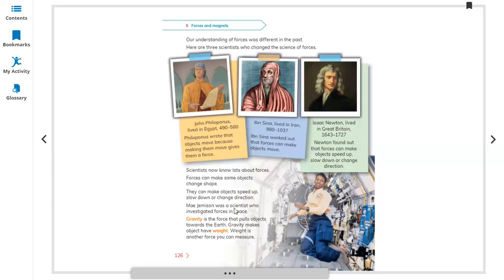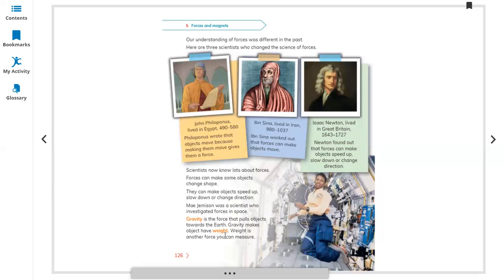Maya Jemison was a scientist who investigated forces in space. Obviously, the Earth has gravity and it attracts all things downward. Gravity is the force that pulls objects toward the Earth. Gravity gives objects weight.